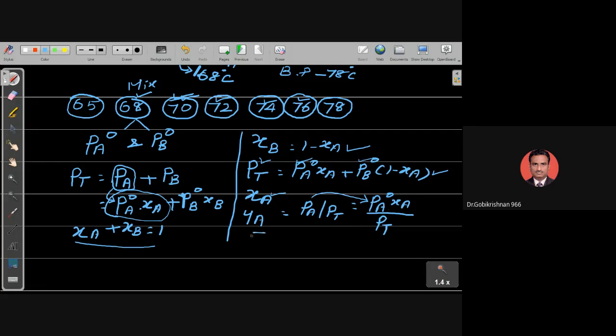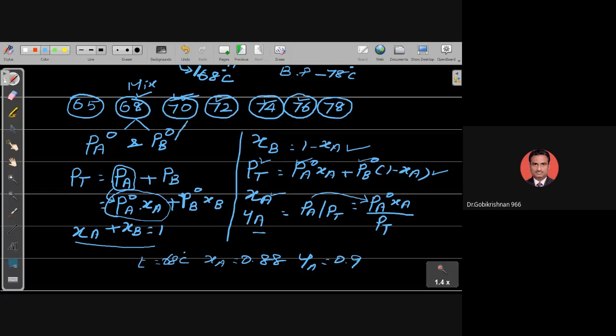That's all. Therefore, what is the value that we got at a temperature of 68 degrees? The value of XA is 0.88, and the value of YA is 0.91. One set we got. Similarly, we have to go for the next temperature. What is the next temperature here? 70.